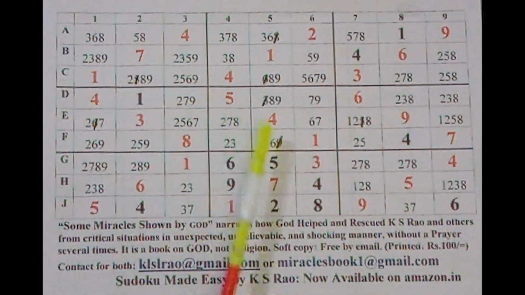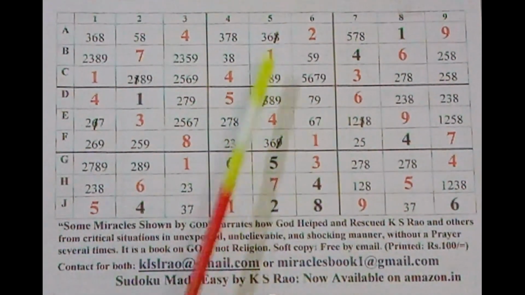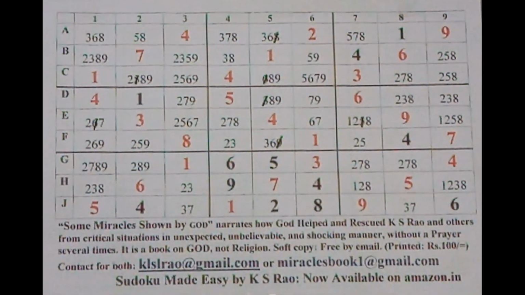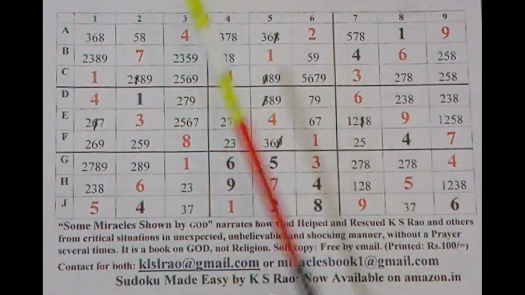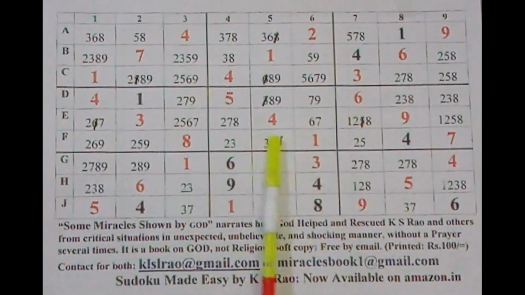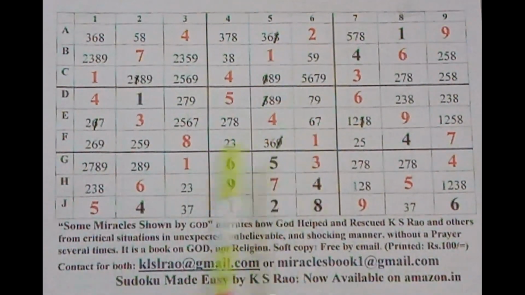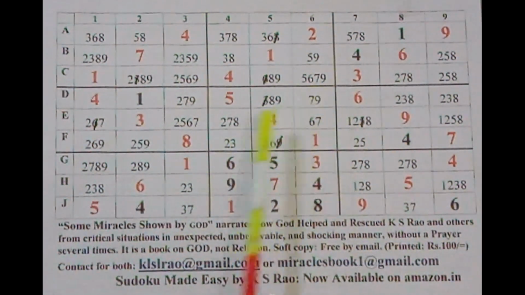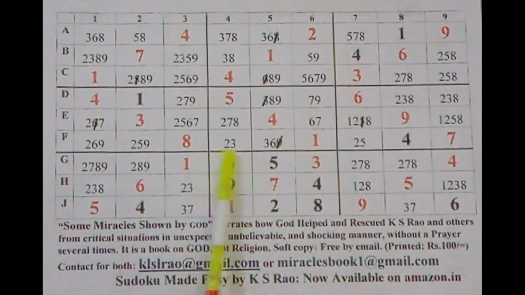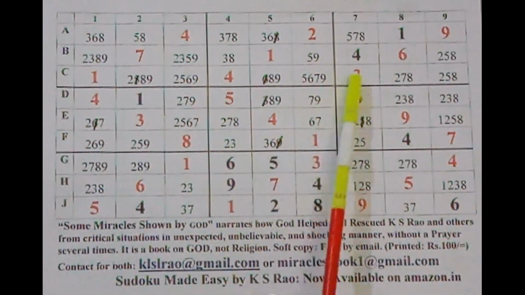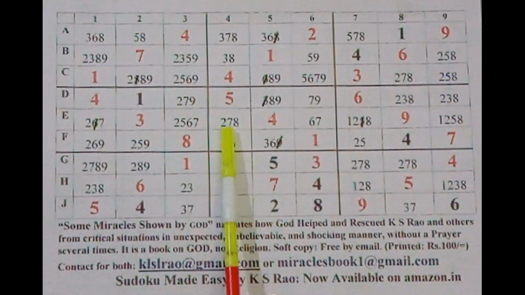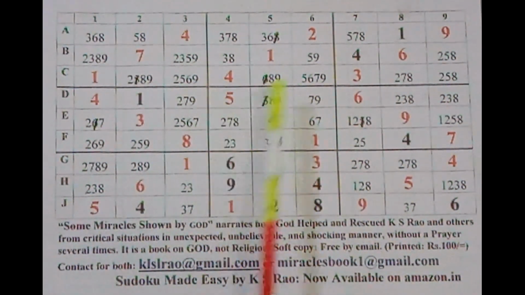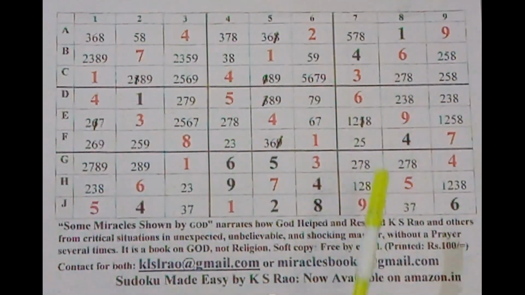So we have developed a pair of 3 and 6 in this column number 5 and a pair of 8 and 9 of course. Okay. Now does it make any difference in this box or this box? Let's have a look. 2, 3, 6, 7, 8. 2, 7, 8, 9. Okay, no.